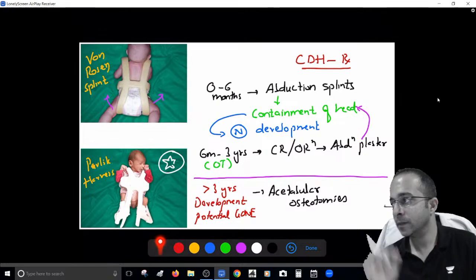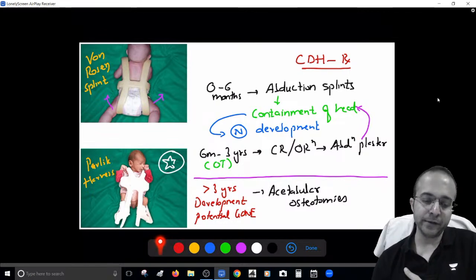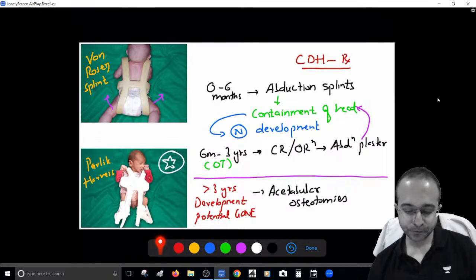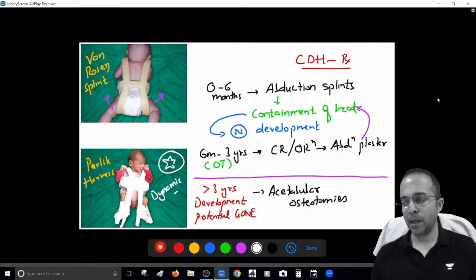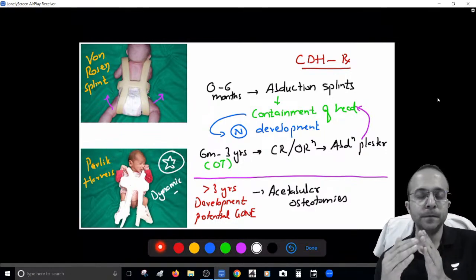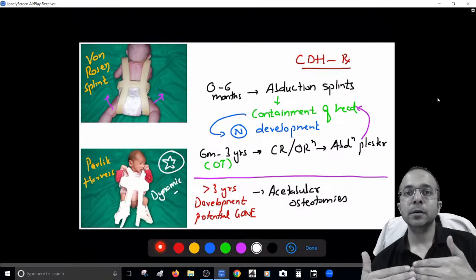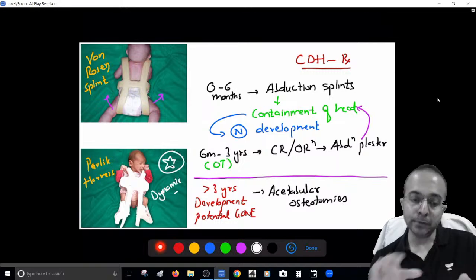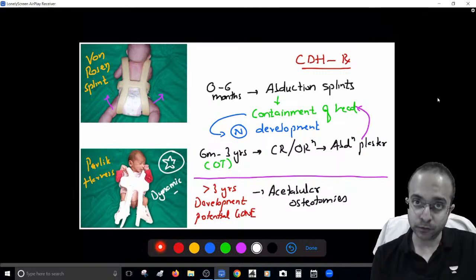Clear? Okay. So, how to differentiate Pavlik harness from a von Rosen splint? I'll tell you. Pavlik harness is a dynamic splint. So what is meant by dynamic? In a dynamic splint, movement is possible, and movement leads to more correction.